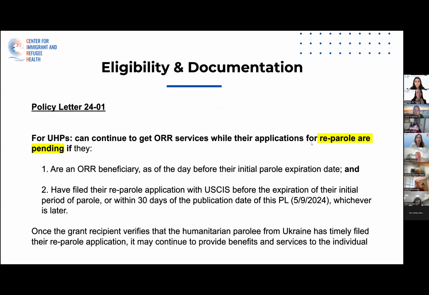About the parole or pending status, it's similar to Afghan parolees. If students or family members apply for parole one day before the initial parole expires, they can continue to receive services. Once they receive the new parole, they will just update you. If their parole expired and they haven't applied, they will not be eligible, unfortunately.